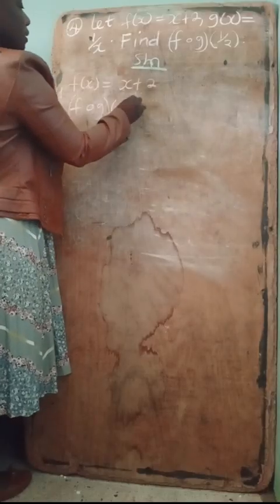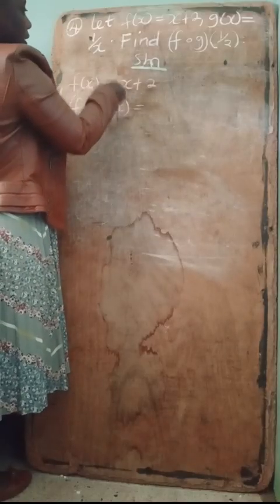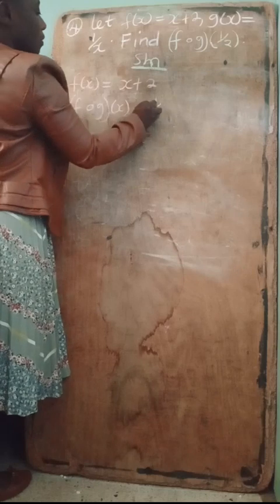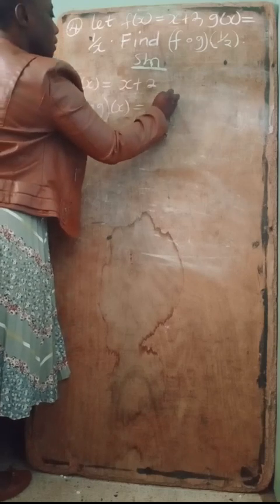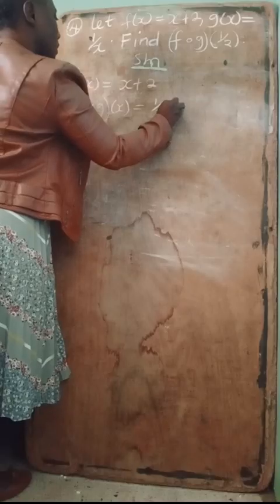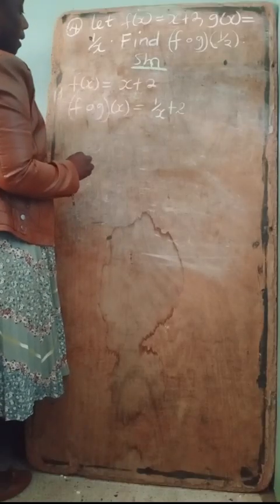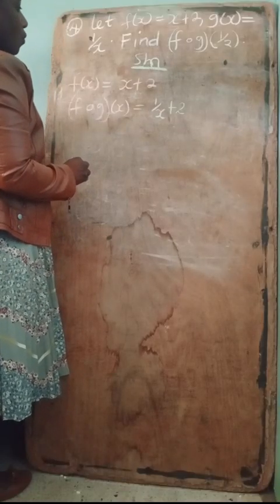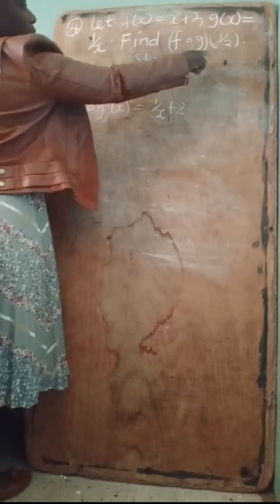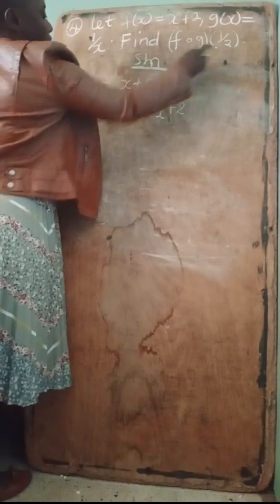So how do we replace this? Where there is x, we are just putting that. So it is 1 over x, plus 2.